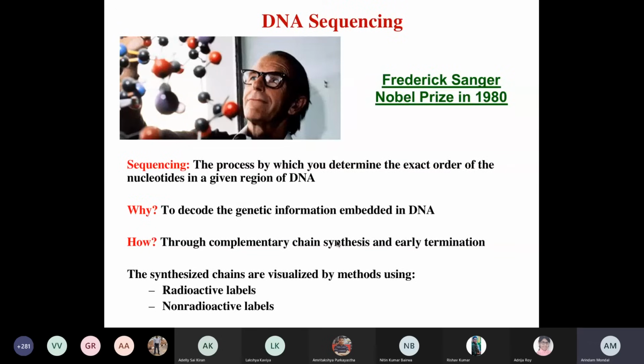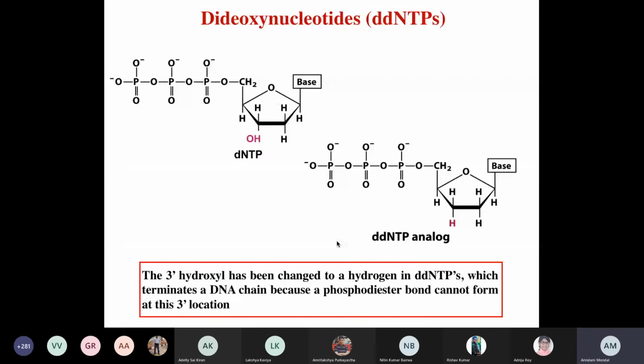Now, Frederick Sanger in 1980 discovered a technique for sequencing the DNA, or to know the sequence of the bases within a particular piece of the DNA. What is the principle of this technique? The principle is very similar to the DNA replication process. So here, this is the dNTP, right?